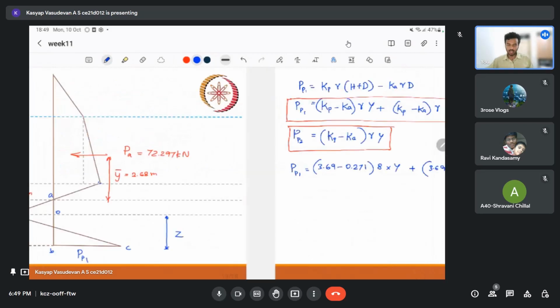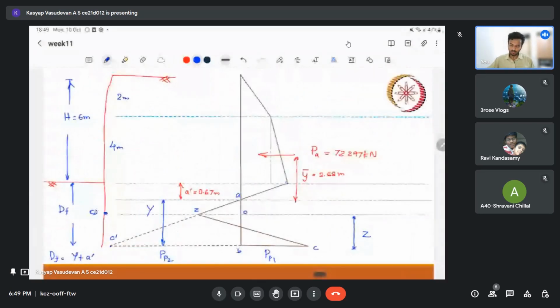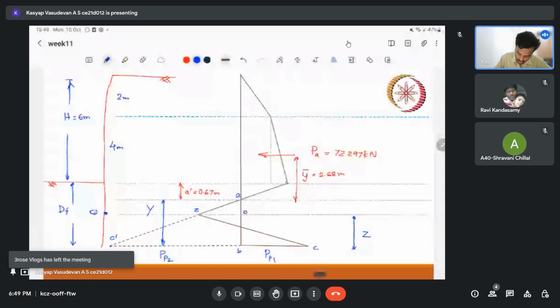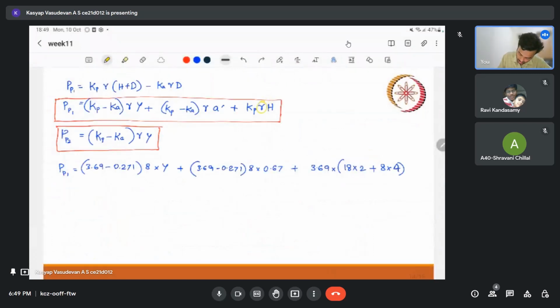When I say h, we have both above the water table and below the water table, so I'm going to split it accordingly. That is 18 into 2, the top 2 meters, plus 8 into 4, the remaining 4 meters of h. So we are supposed to take the density in such a way that this is nothing but a weighted density.